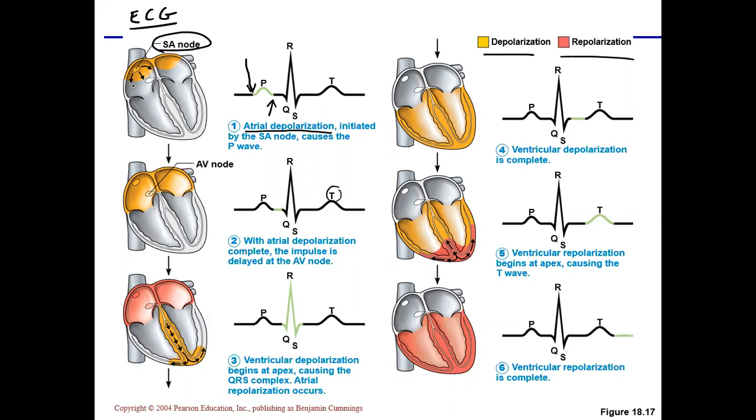As they spread throughout the atrium, notice in this case, it's already depolarized. Complete depolarization happens in here. Where are we? We are at the end of the P, passing that, but we haven't gone to the QRS yet.